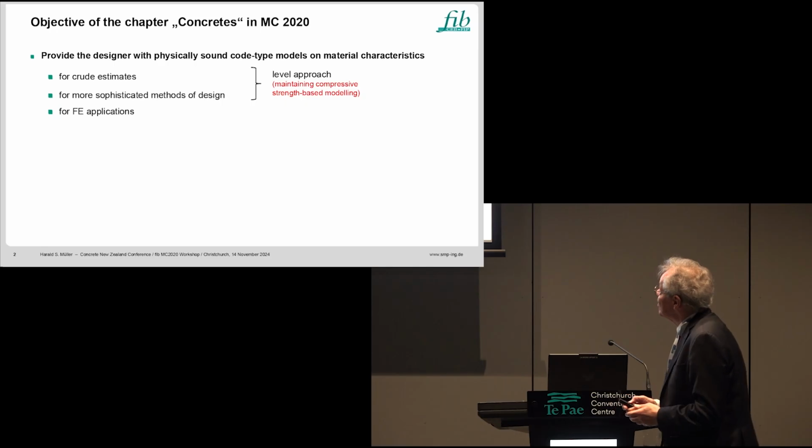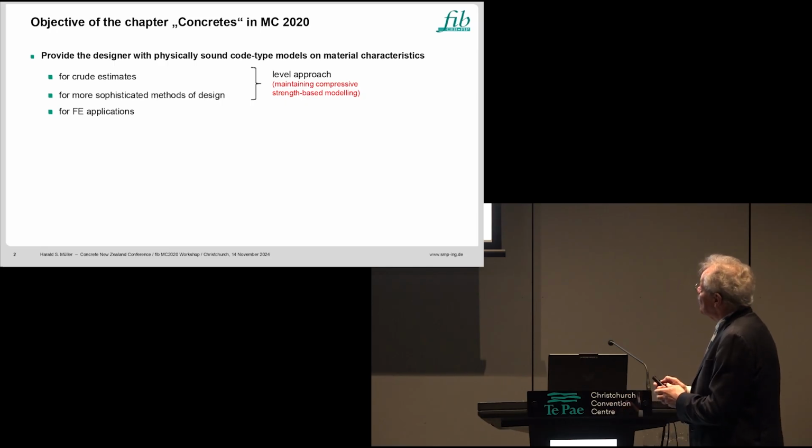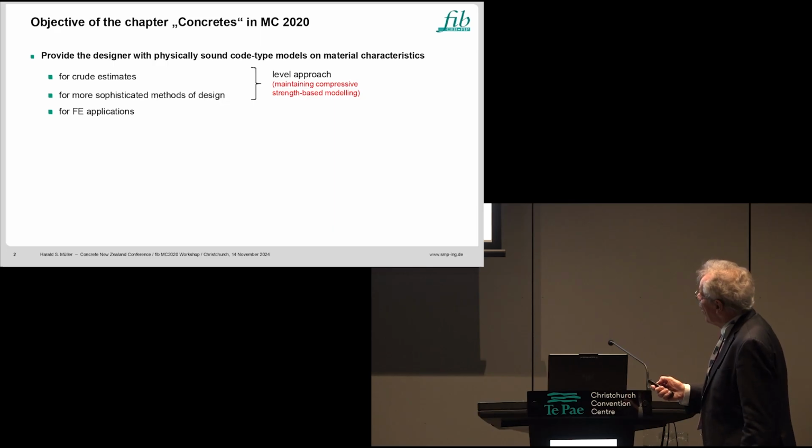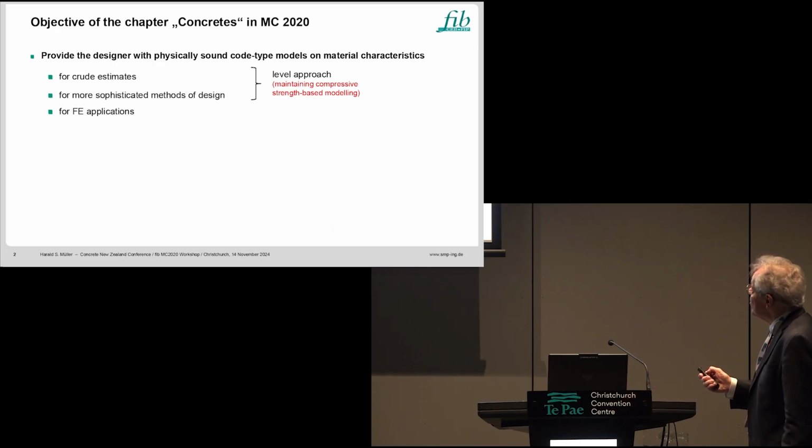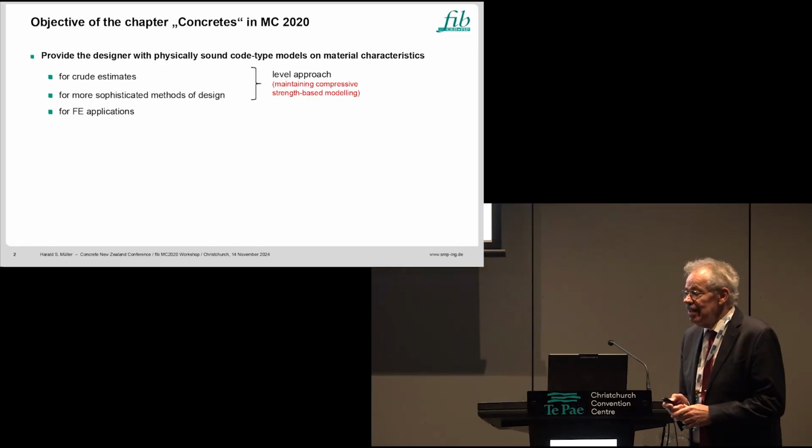Just looking at the objectives of this chapter: it is to provide the designer with physically sound, code-type models of material characteristics, first for crude estimates, for more sophisticated methods of design, and also for finite element application.